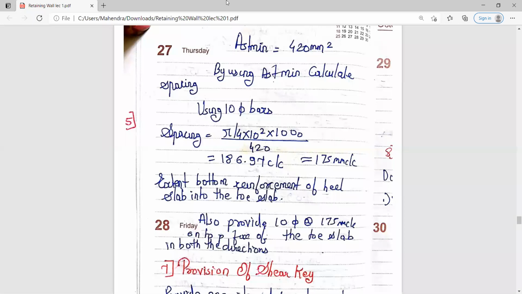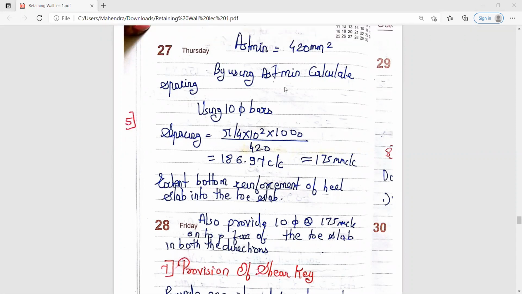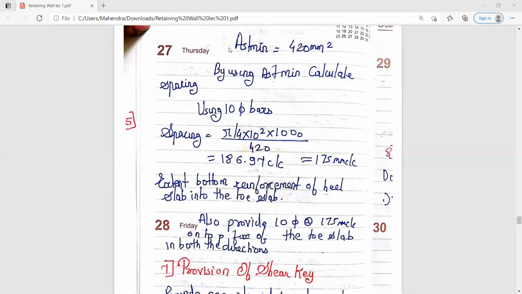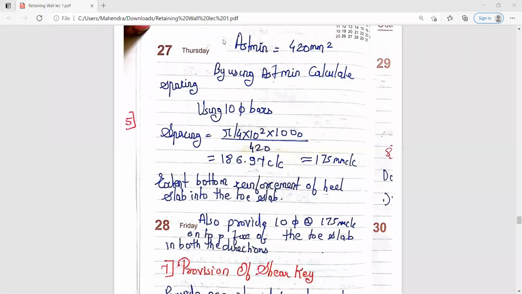So solve up till here. After completing, let me know, and if any doubts, you can ask.